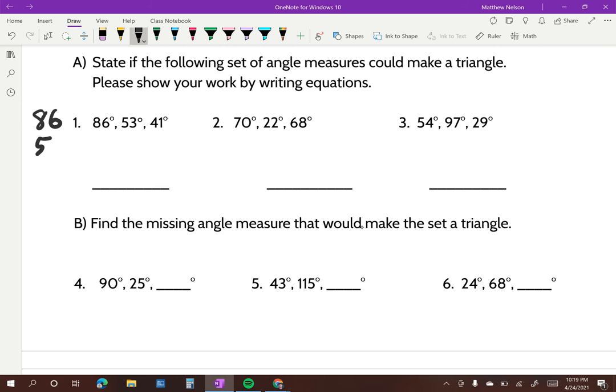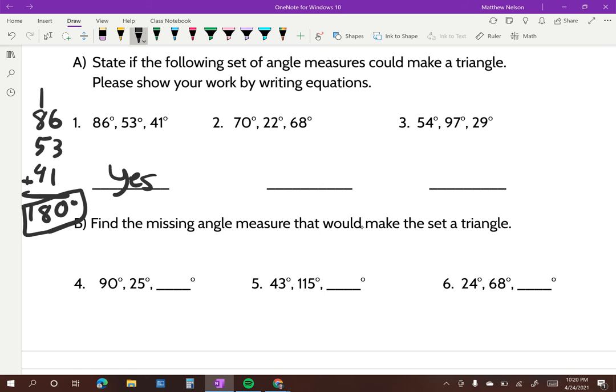So I'm going to show my work over here. See if they add up to 180 degrees. All right, that does add up to 180. So yes, a triangle can be made here, and here's my work over to the side.